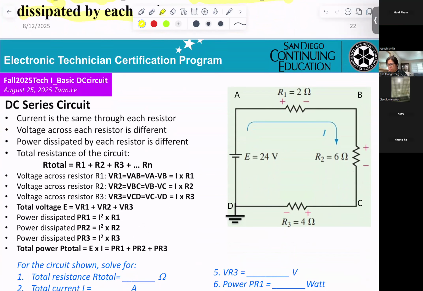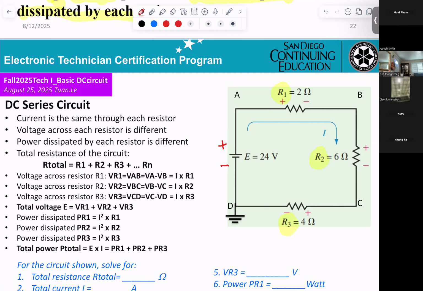DC series circuitry. So looking at this circuitry: R1, R2, R3, three resistances, and the power supply 24 volts, positive, negative. Okay?